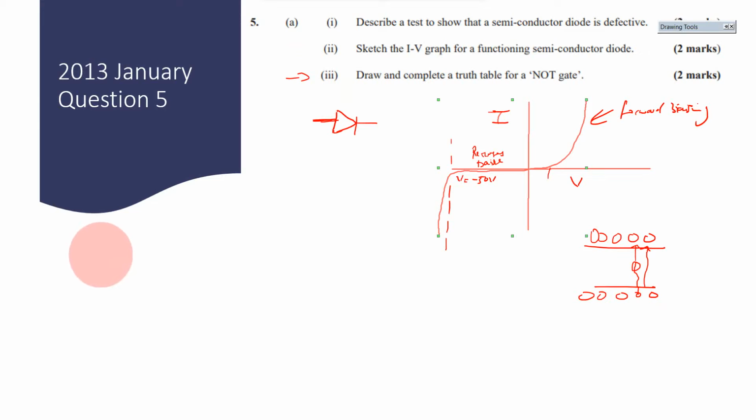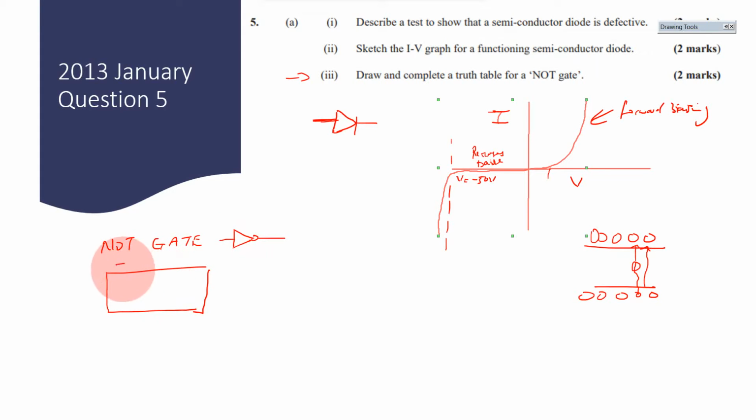Now, to just stop off this question here, that is to draw a simple truth table for a NOT gate, right? NOT gate is quite easy, guys. So a NOT gate has one input. The symbol for that looks similar to that of the diode, right?